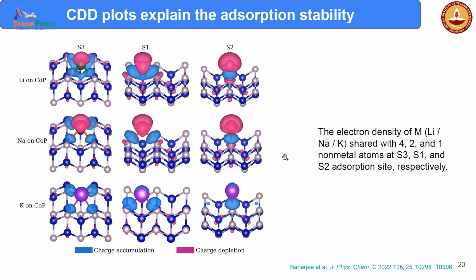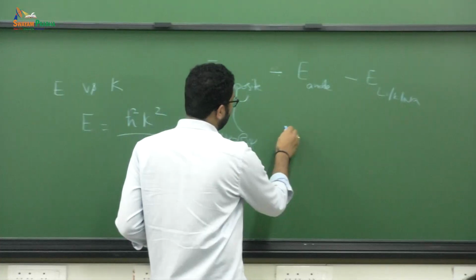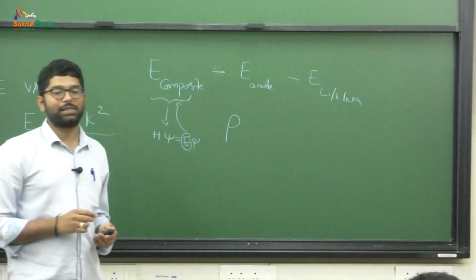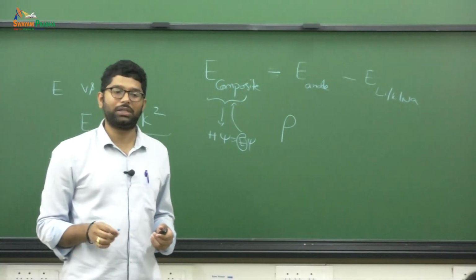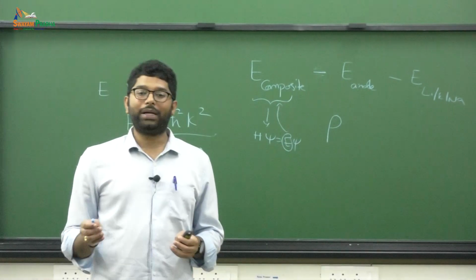So here, in order to understand why the S3 site is more stable, what we have plotted is charge density differences. Similar to what we have shown about the energy, you can also calculate the total density. As I said earlier, we are doing the density functional theory, but even if you are not, what is density?